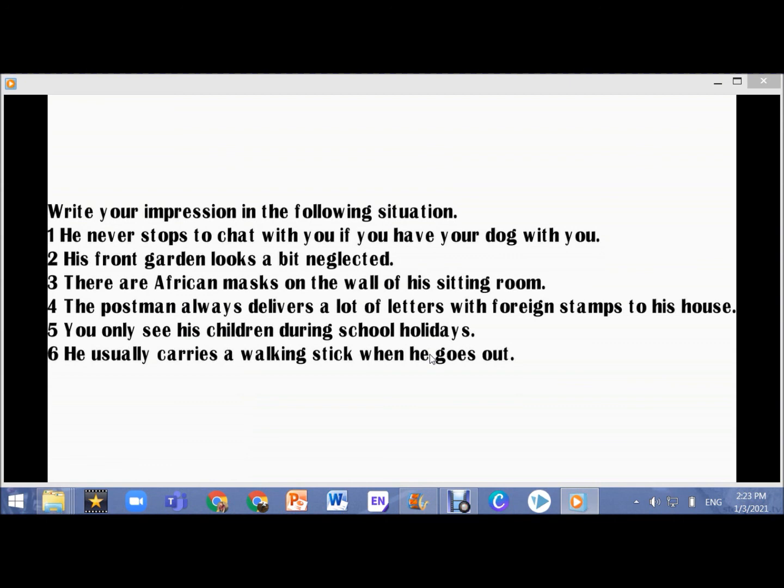Do remember the rewrite-the-following-sentences type, the negative case and what to do, and what to do if the infinitive is last. Keep this in your mind. Another is writing your impression, where you will be free. See the context and situation, and on that basis develop your answer. I'm sure you can easily solve any type of question if you know those structures. Keep these structures, they are the key to open your exercise. After that you will start solving.